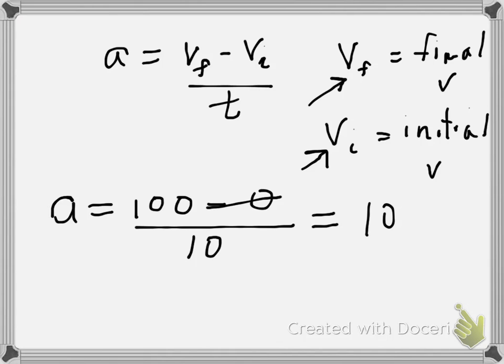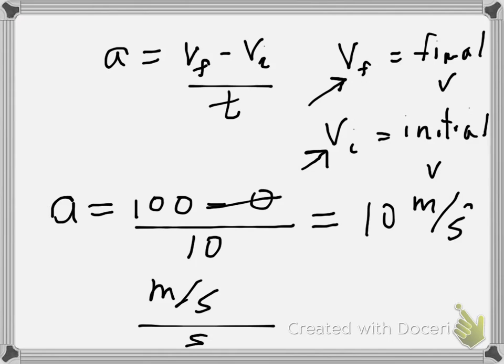Now, what's the unit here? Well, we had meters per second on top, and the bottom is seconds. So the unit that you end up with here is meters per second squared. So that basically means meters per second per second.